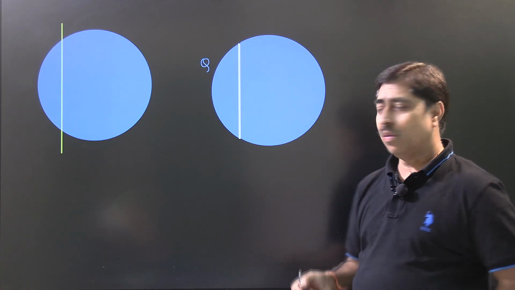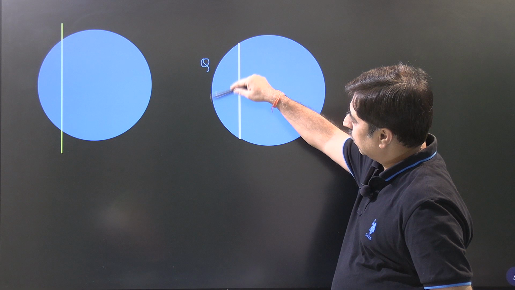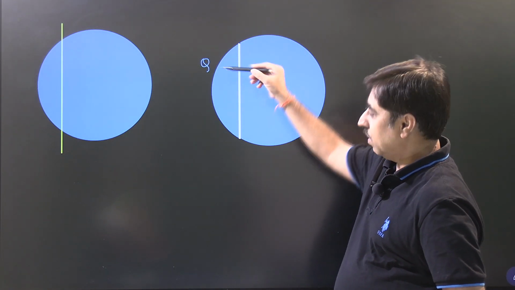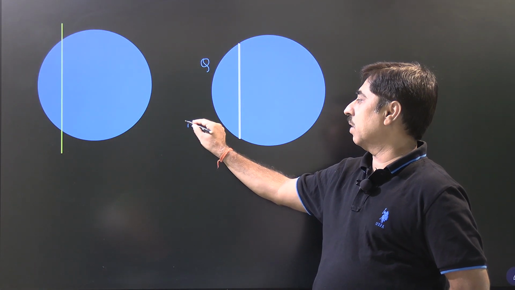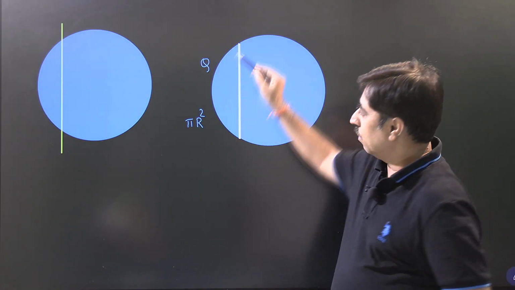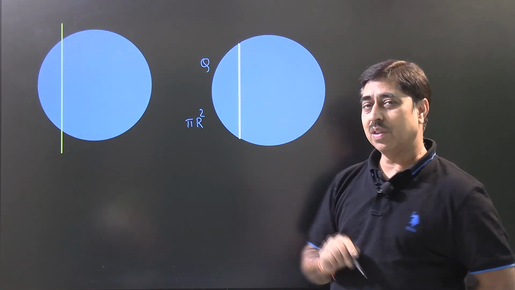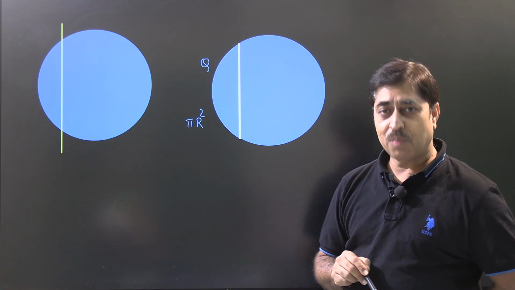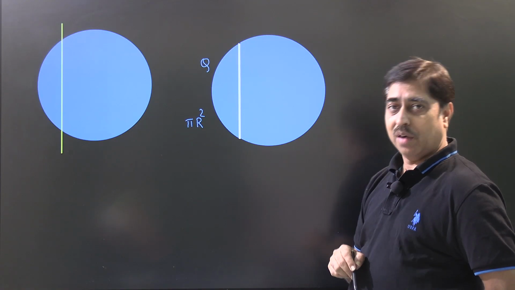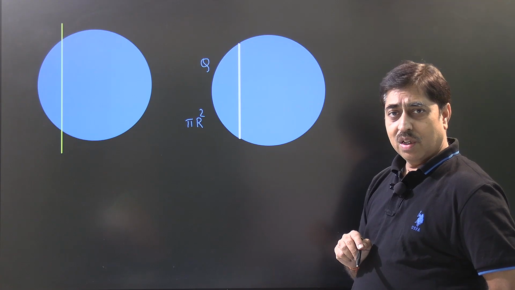It is also given to you that the curved surface area of this smaller part is pi r square, where r is the radius of the sphere. So I repeat, the area of this curved surface of the smaller part is pi r square, where r is the radius of the original sphere.